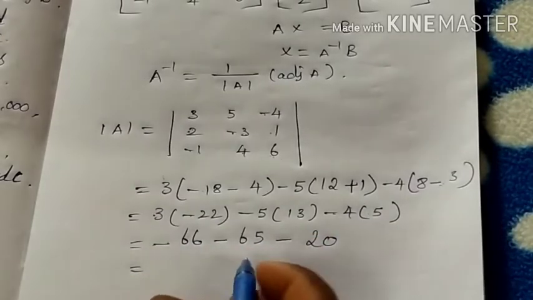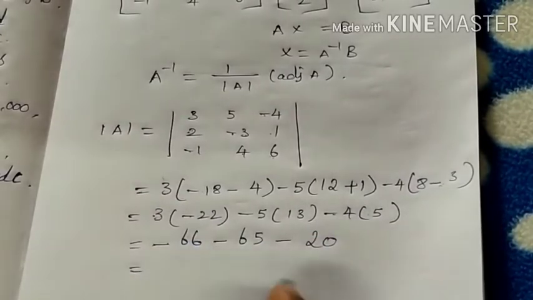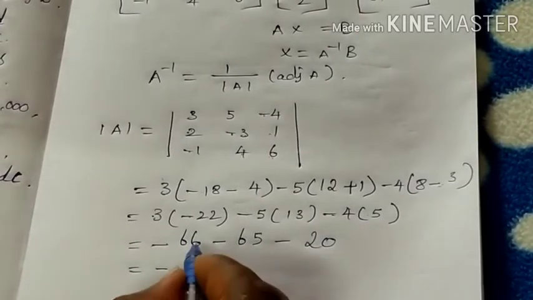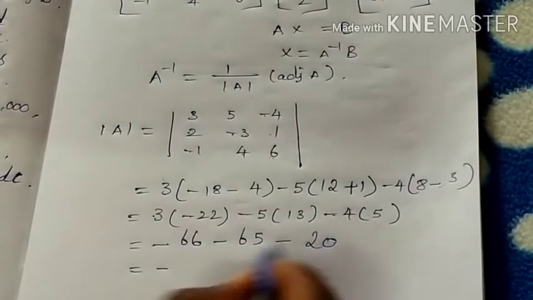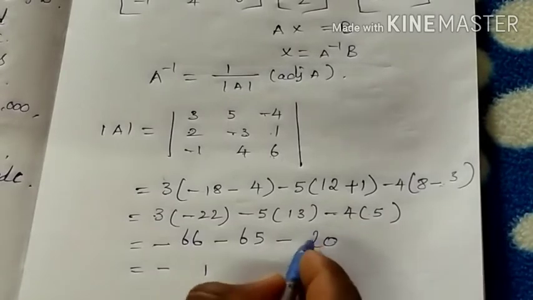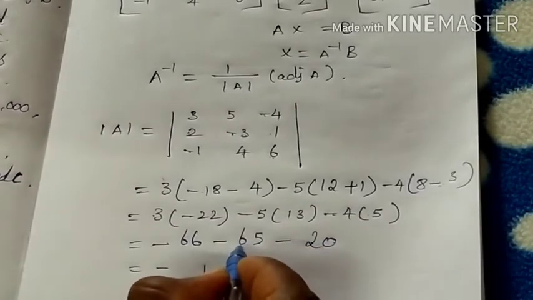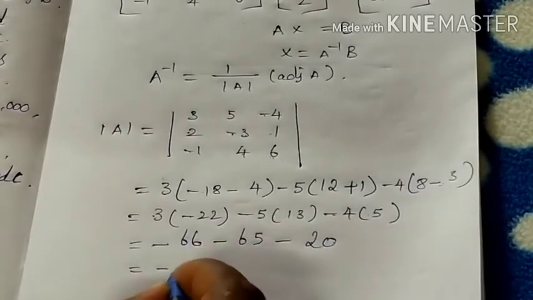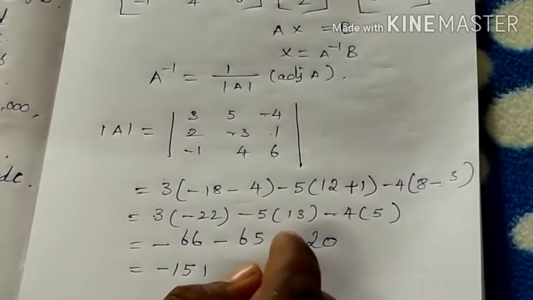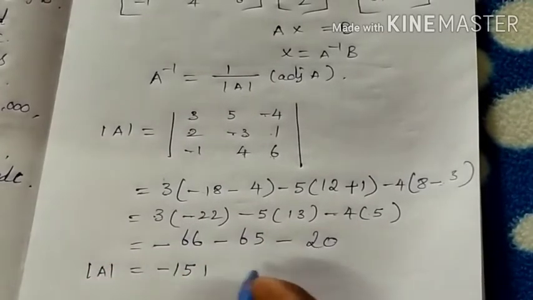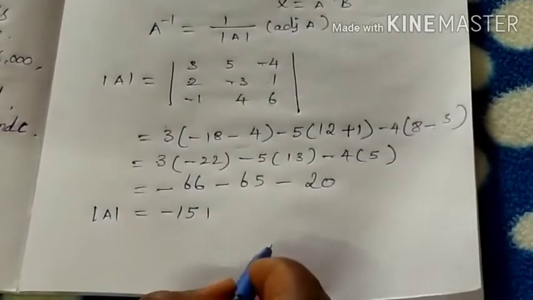Which is equal to the sum of the values. All the values are negative, so 66 plus 65 is 131, 131 plus 20 is 151. So now we get the determinant of A is equal to -151.